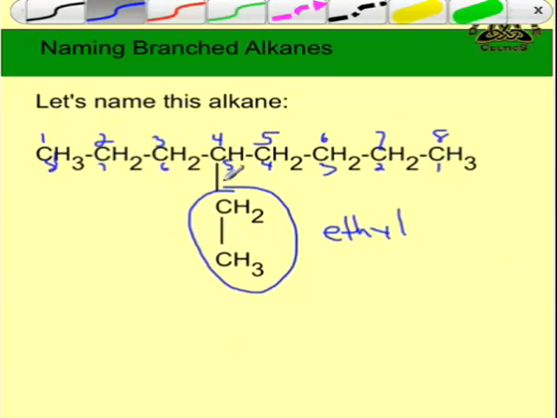So our ethyl group is off of carbon 4 if we count from the left to the right, and it's off of carbon 5 if we count from the right to the left. Clearly 4 is less than 5. So this ethyl is off of the 4th carbon, so this would be 4-ethyl. And clearly our root name is going to be octane. So if we put all of this together, the name of this particular branched alkane would be 4-ethyloctane.